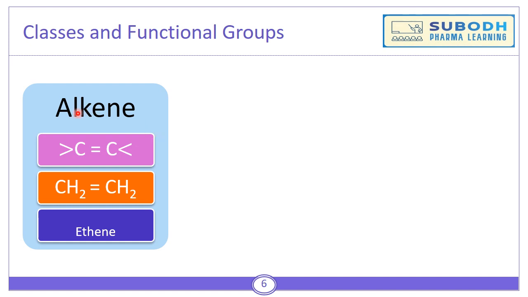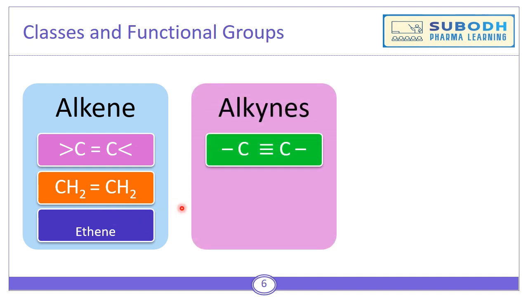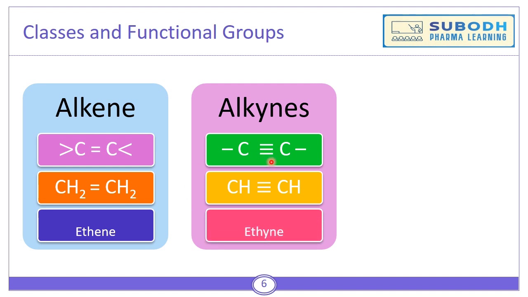The alkenes contain a carbon-carbon double bond, for example, ethene. The next class is alkynes, which contain a carbon-carbon triple bond, for example, ethyne.